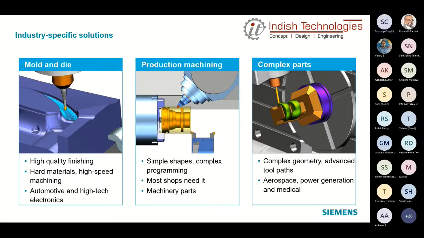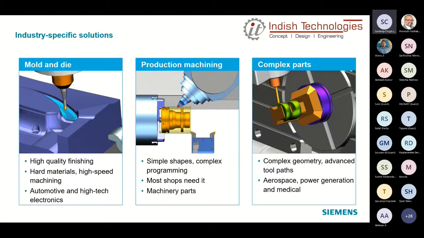Whether it is the super finishing of the job, whether you have very hard to cut materials, whether you have any kind of dies, whether it belongs to automotive sheet metals, skin parts, the electronic parts, any kind of die and mold industry, whether it is instrument panel mold, or the car hood mold, the stamping die for the roof, anything. The demand is of a very high finish, and NX achieves it very beautifully.